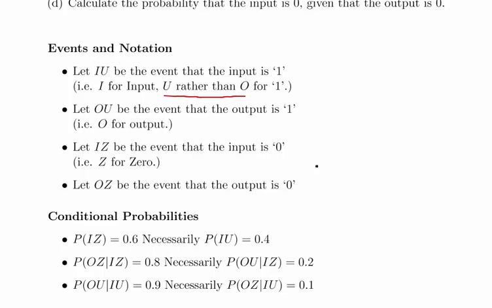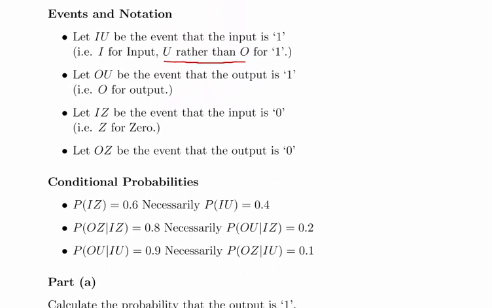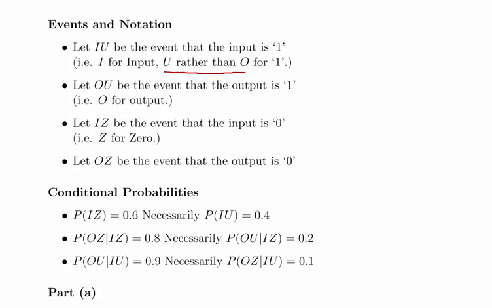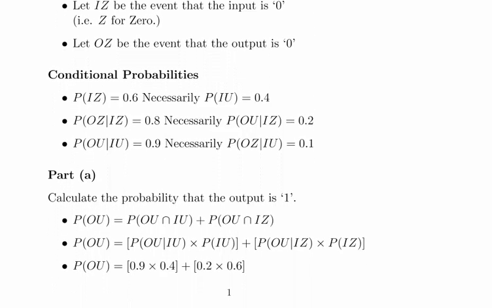That's actually what's very peculiar about these videos. I, O, and 1, 0 can confuse you a little bit, and really, to be perfectly honest, that system of naming things with U and Z and I and O is actually helpful. Now we're told that the probability of an input of 0 is 0.6, and that means the probability of an input of 1, IU, is 0.4. So that's what we're told in the question.